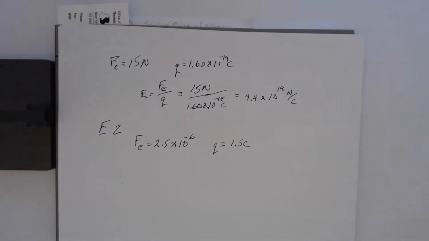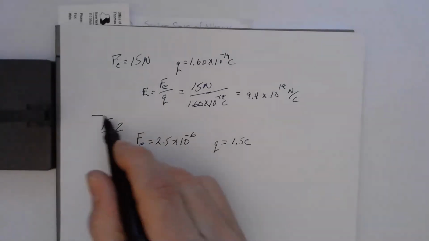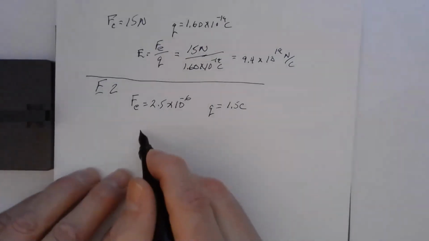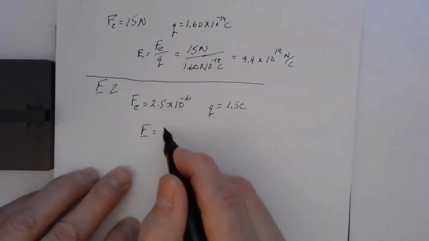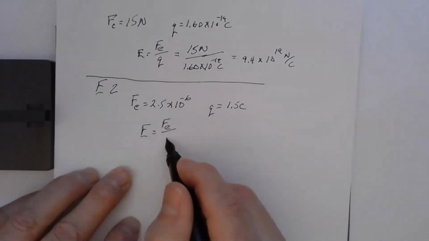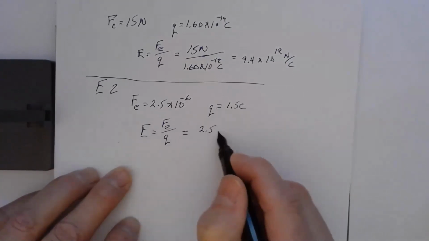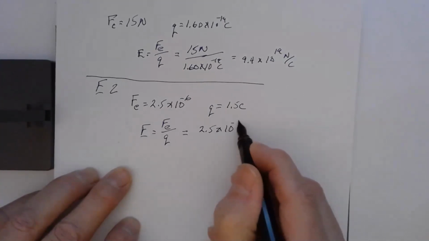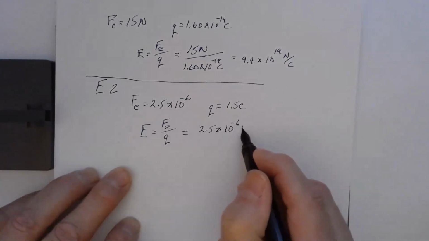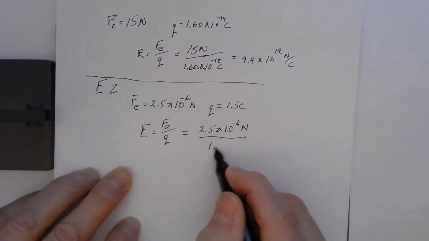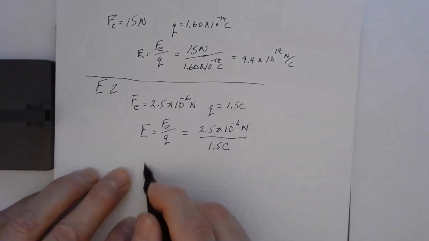All right, so here I have the givens. And again, the formula is quite simple. E equals Fe divided by Q. So this is simply 2.5 times 10 to the negative 6 newtons divided by 1.5 coulombs.